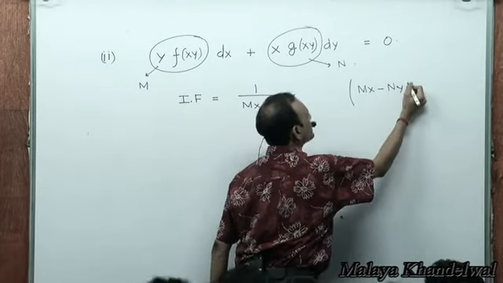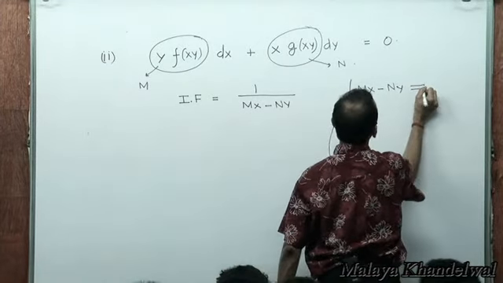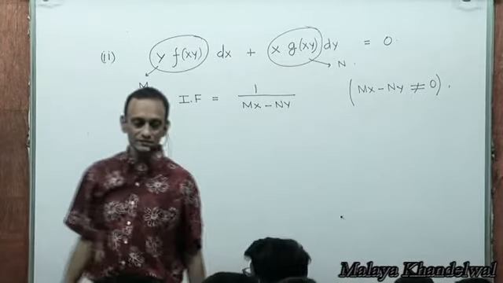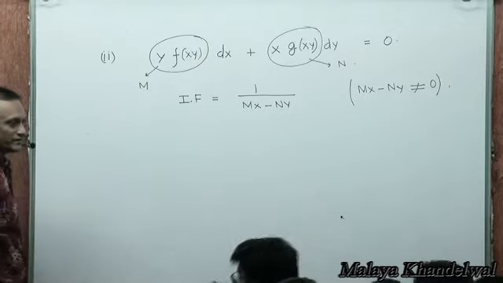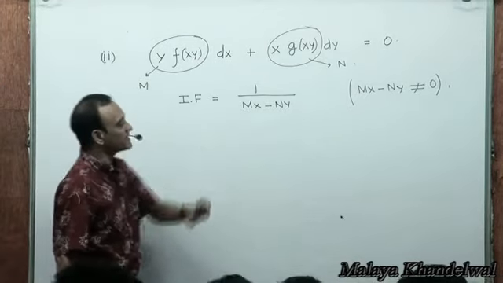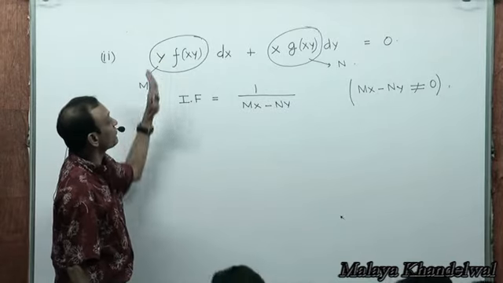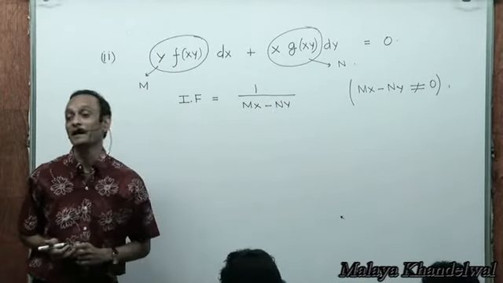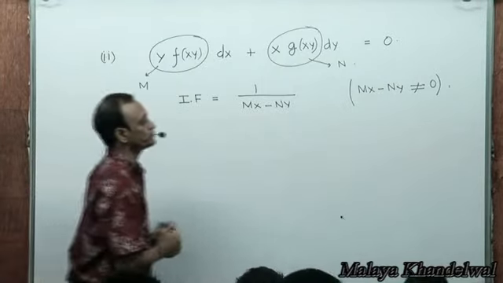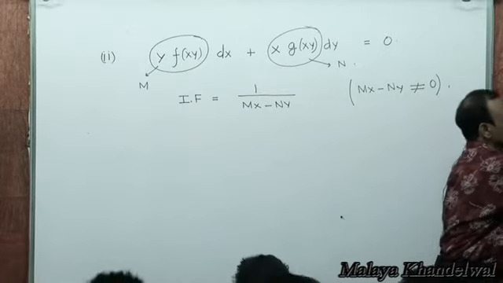If Mx minus Ny turns out to be 0, then it's a very trivial case, like I dealt with the earlier case. So we'll look at the case where Mx minus Ny is not 0. Let's see how to handle a situation of this kind.